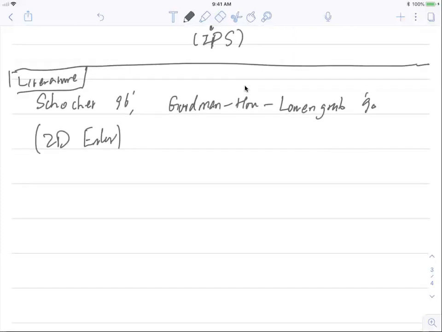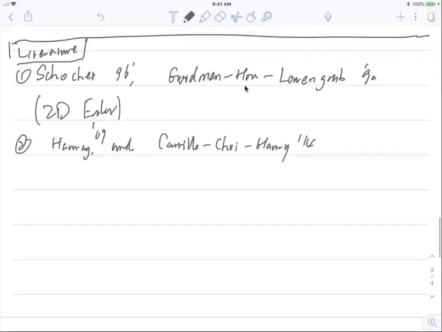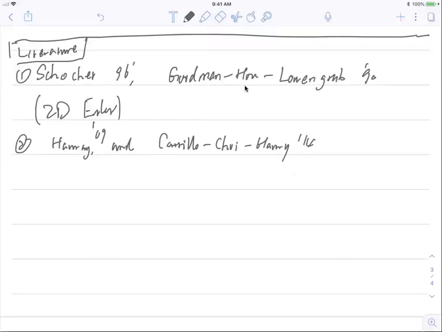And later O'Hare and also Carrillo, Troy, and O'Hare study the deterministic system, but the kernel K is given by minus the gradient of W. So the singularity of the kernel is weaker than Coulomb.